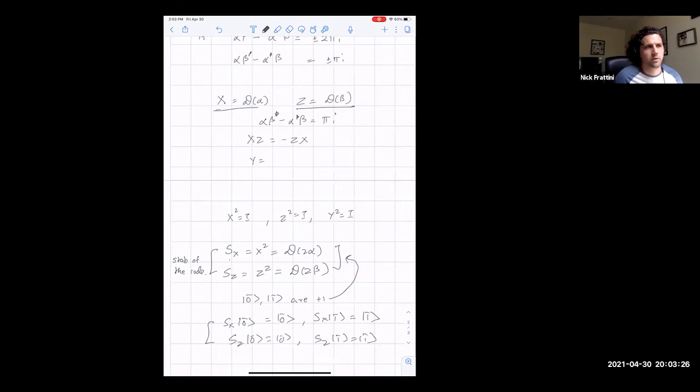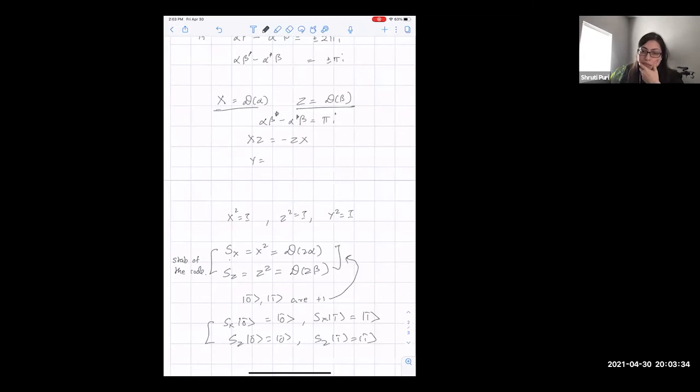And you have a question, Shruti, about the Y operator. Does this SX and SZ guarantee that Y squared is also 1? Yes, because, so the reason I did not write Y here is because I always confuse the I, so I can't remember if Y is IZX or minus IZX.